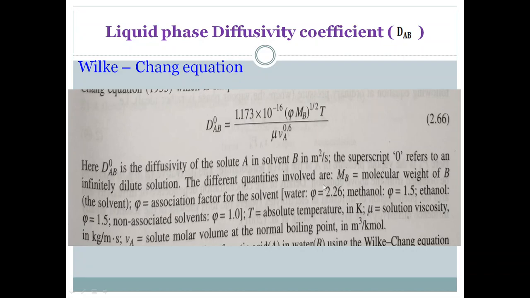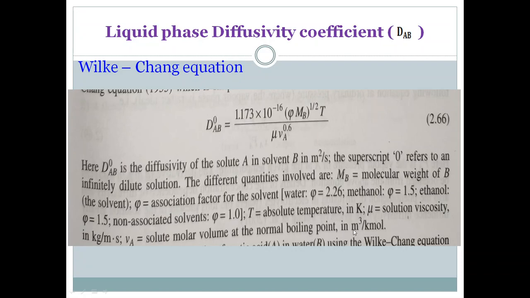So different quantities are involved: the molecular weight of B, and this is the association factor for the different solvents. For methanol this, for ethanol this, and for non-associated solvents it will be 1.